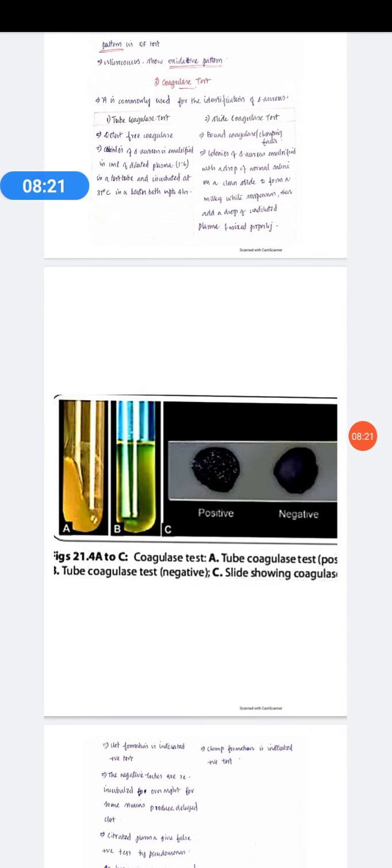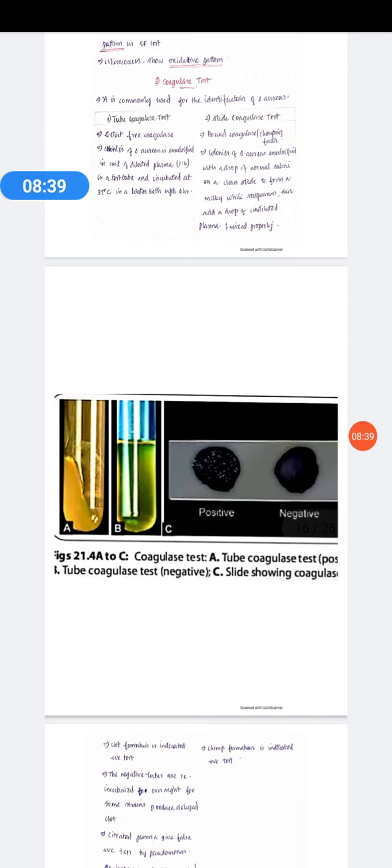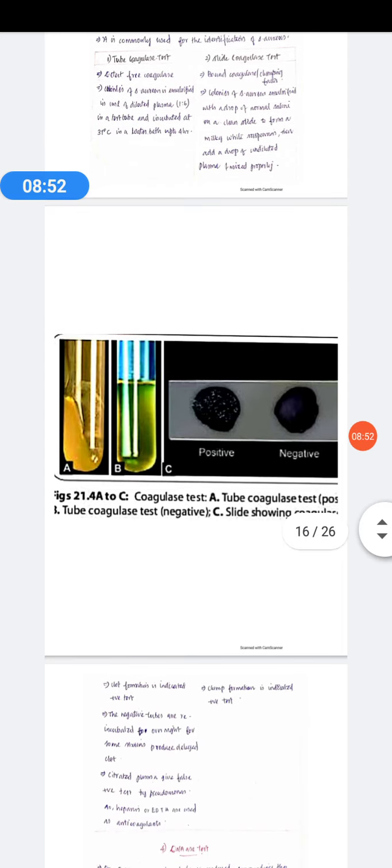Whereas in the slide coagulase test, colonies of Staph aureus are emulsified with a drop of normal saline on a clear slide to form a milky white suspension, and then a drop of undiluted plasma is added and mixed properly. So in the slide coagulase test we add the specimen, normal saline, and the undiluted plasma, whereas in the tube coagulase test there are only two things, the specimen and diluted plasma in the ratio 1:6.